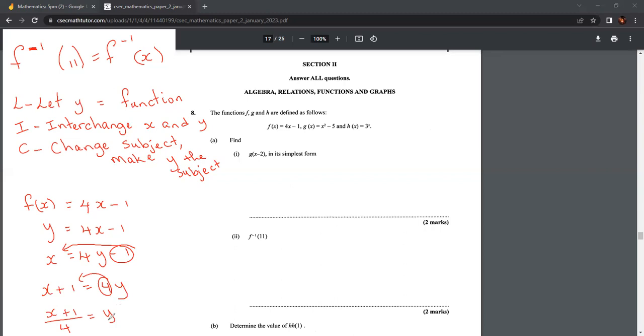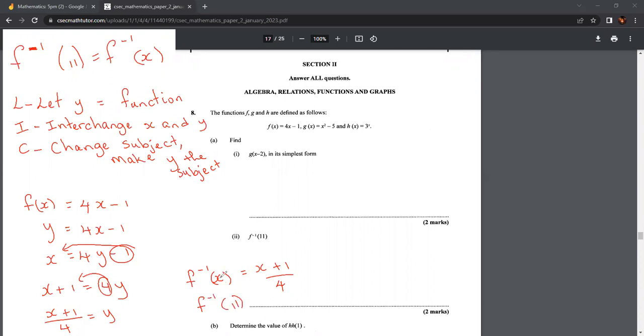So when I made y the subject of the formula, that is actually f inverse of x. Right, so I just replace my y now with f inverse of x, and that's x plus 1 over 4. Now they asked us for f inverse of 11.